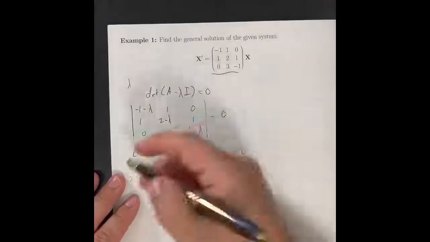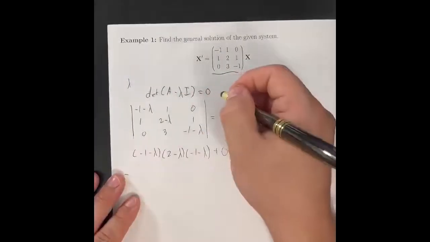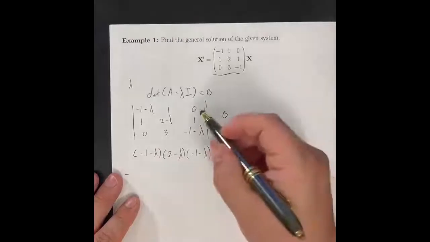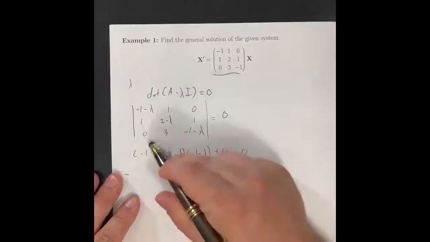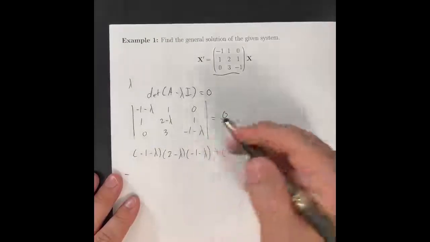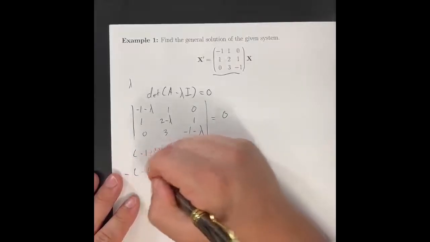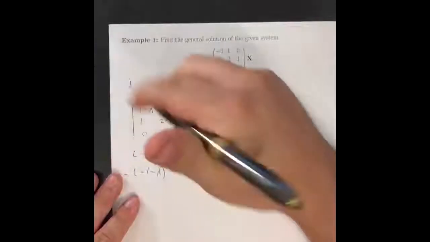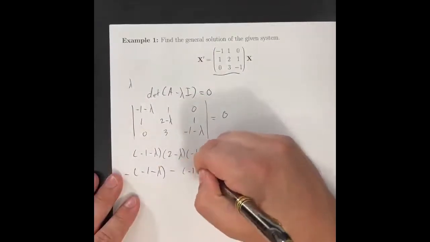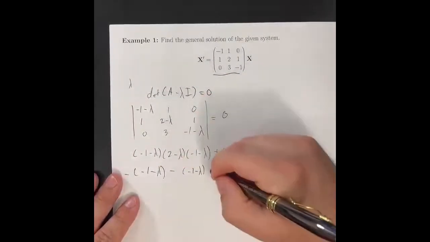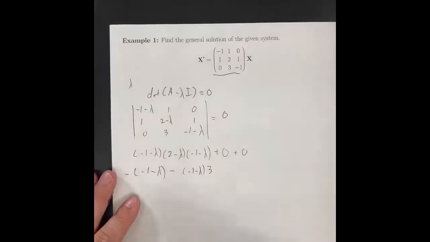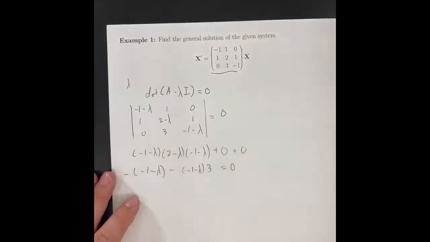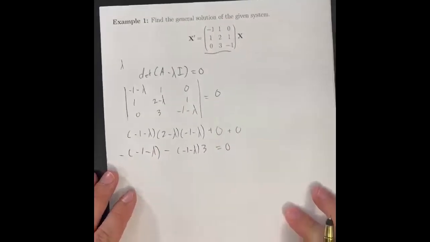Then we subtract the backwards going diagonals. We have a 0 on the main diagonal. We have 1, 1, negative 1 minus lambda, so minus that. So minus lambda. And then we have minus negative 1 minus lambda times 1 times 3. So that whole thing should be 0, and we want to solve that for lambda.